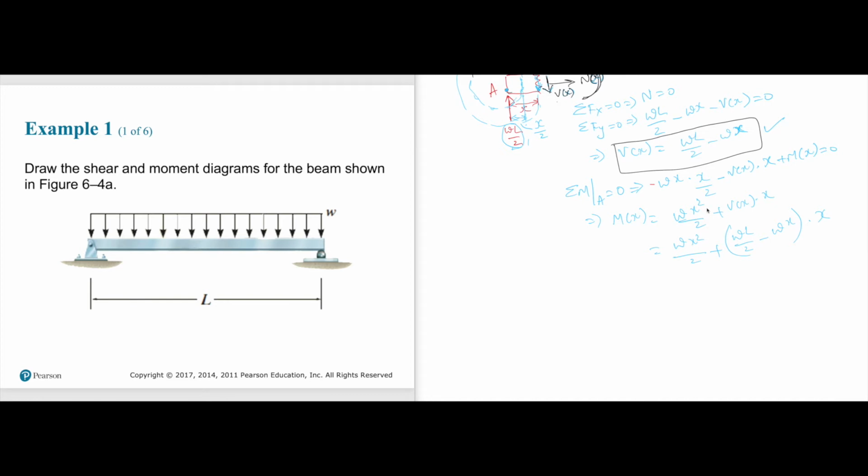By rearranging we get M of x equal to Wx squared over 2 plus WL times x over 2 minus Wx squared over 2.